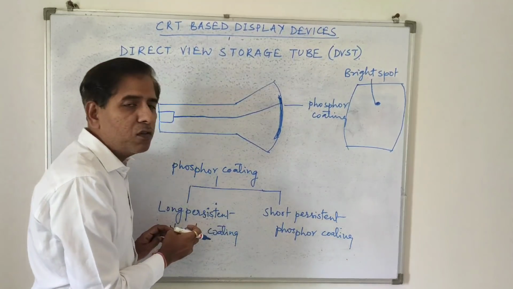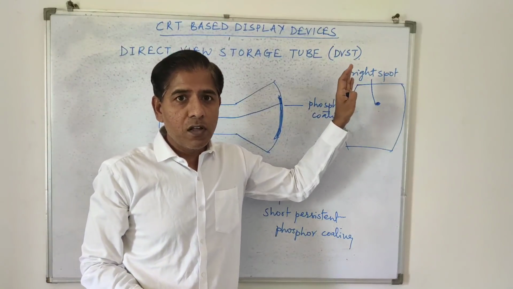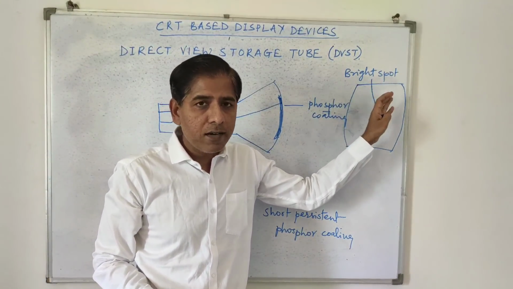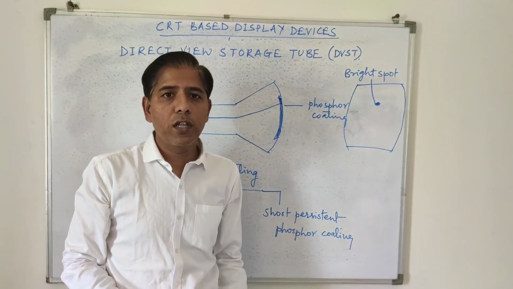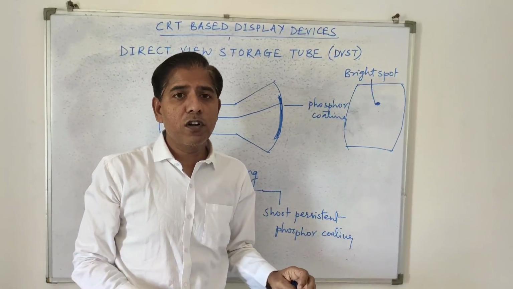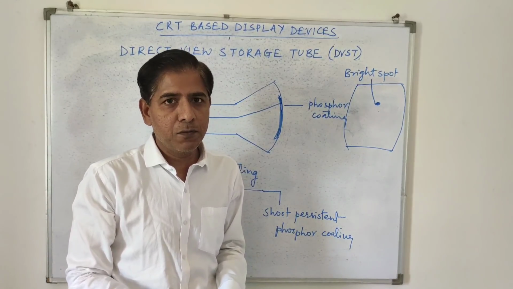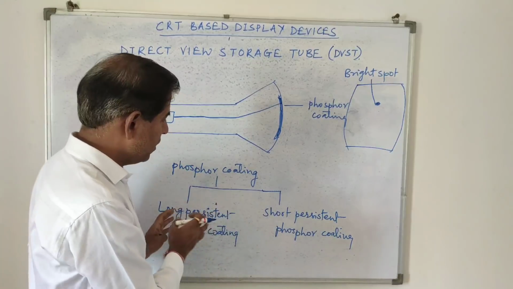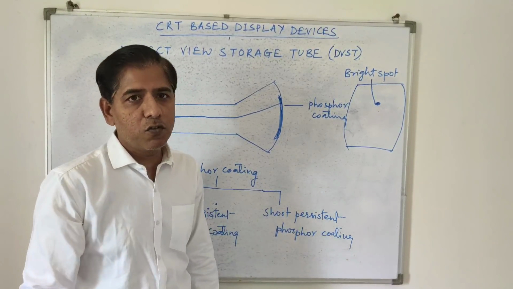If it is a long persistent phosphor coating, then that bright spot would remain there for 1 to 2 hours, and if it is coated with a short persistent phosphor coating, then this bright spot would remain only for some milliseconds, and after that it diminishes. Okay, so this is the difference between a long persistent and short persistent phosphor coating.